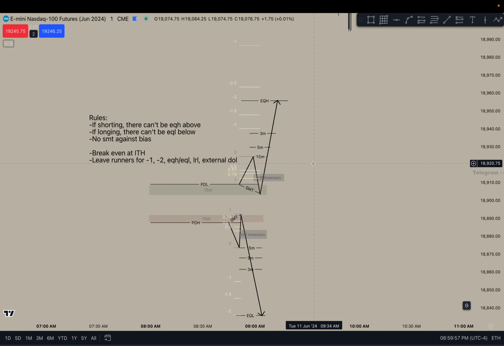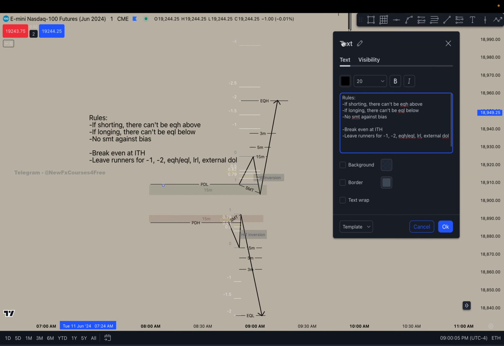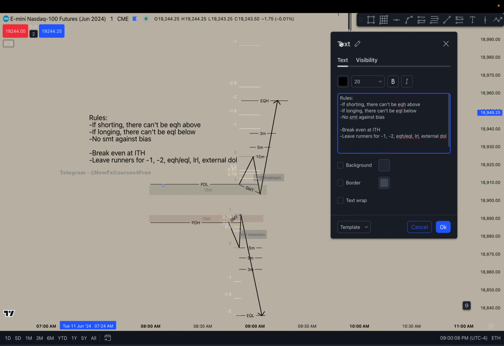No SMT against bias. What I just said, there can't be an SMT here or there. Sometimes I'll be getting in at the inversion, but we don't tap the internal high. We have an SMT, then just don't take it. If there's an SMT after it forms, then just close it.